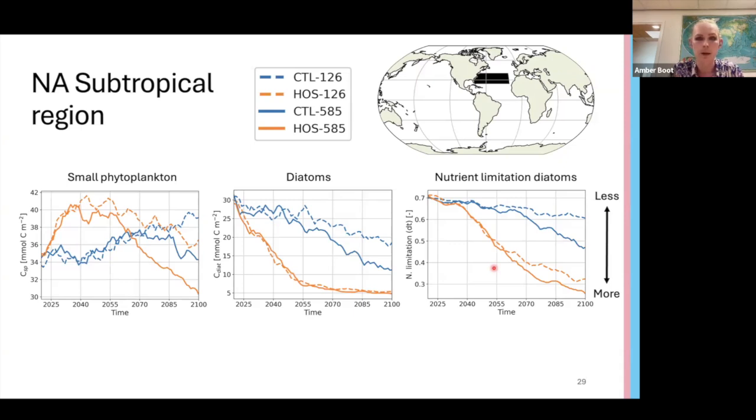This is why initially they profit. But you see this especially in the high emission scenario, this sharp decrease: at some point they also start to feel the nutrient limitation, and they cannot keep up the growth rate they have here. So I hope that explains a bit what's happening there. Yeah, thank you.